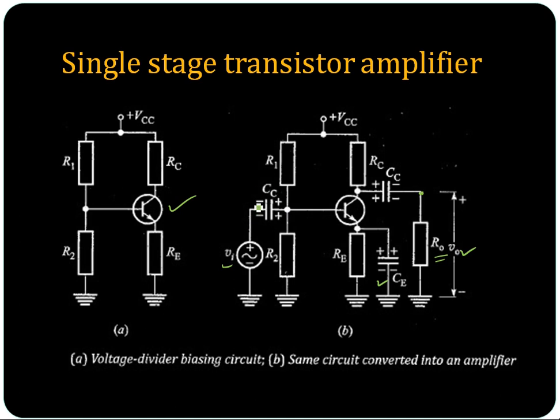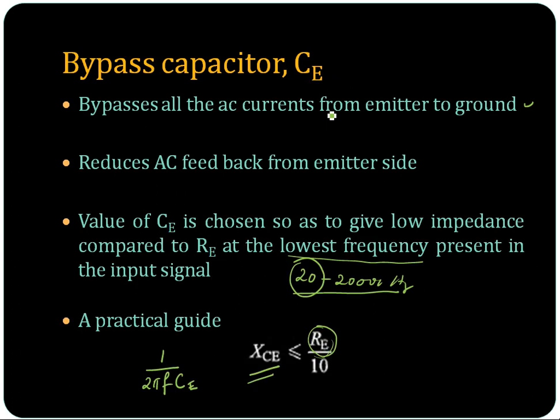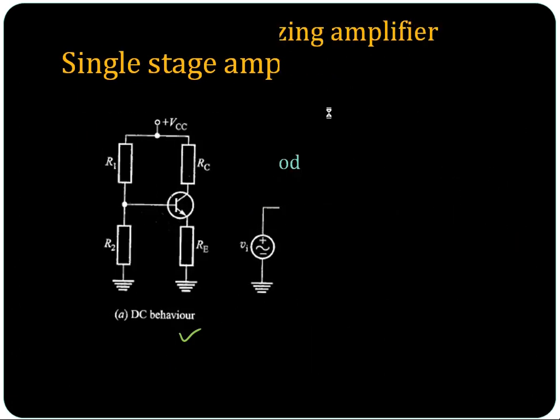We are assuming the impedance XCC will be very small, so that it can be considered as a short circuit when you analyze the AC signals. This is also considered to be a short circuit, and the DC source is also considered to be shorted. So ultimately you get an expression.